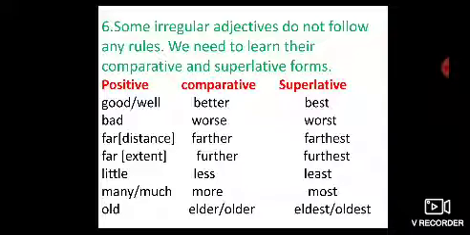The rules which you have learnt above, these rules are not used in this adjective. So you have to learn their forms. Like good, comparative will be better and superlative is best. Bad, worse, worst. Far, farther, farthest.